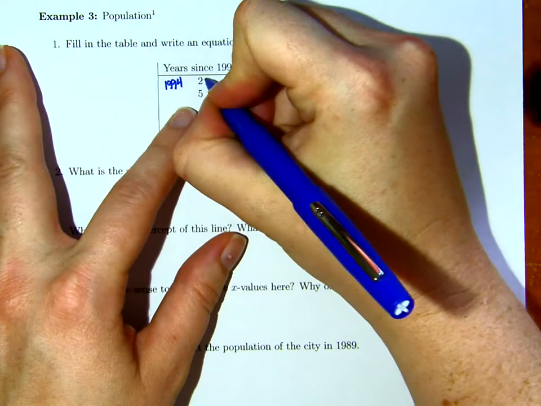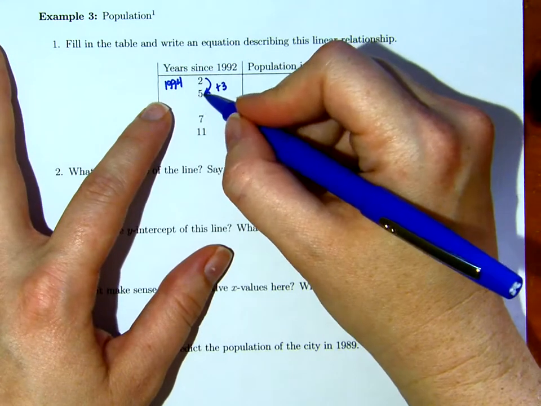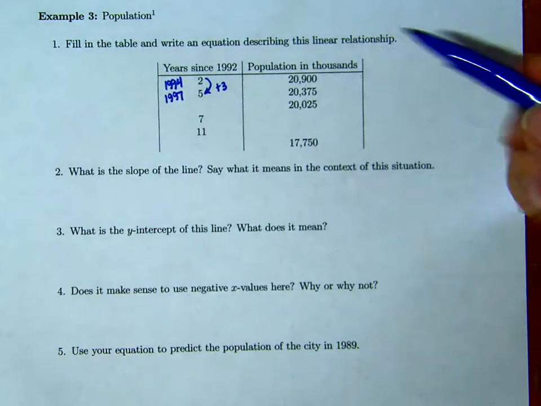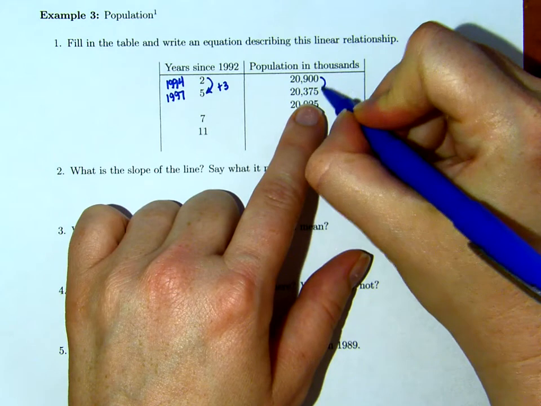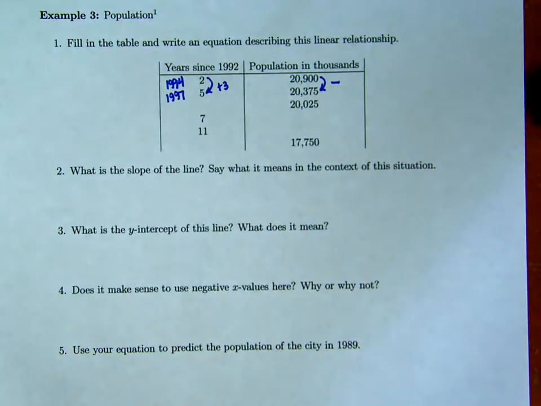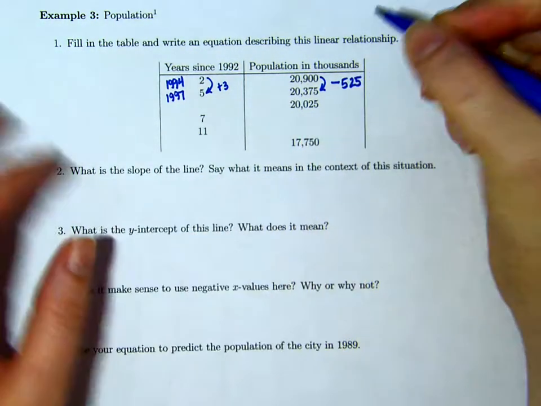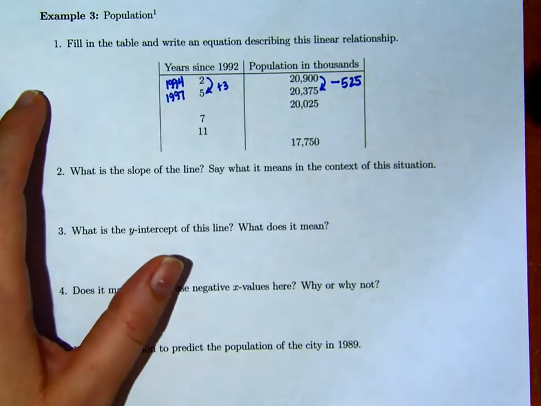So from here to here, I noticed that that is between 1994 and 1997. 3 years later, it went down. By how much? What is that? 525? Is that true? I better subtract to find out. 525. So over the span of 3 years, it went down 525.